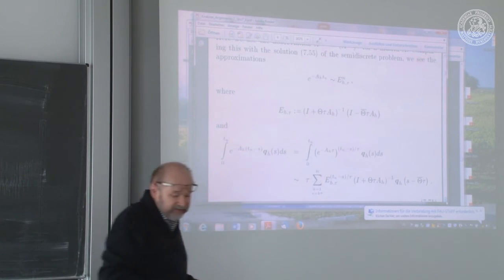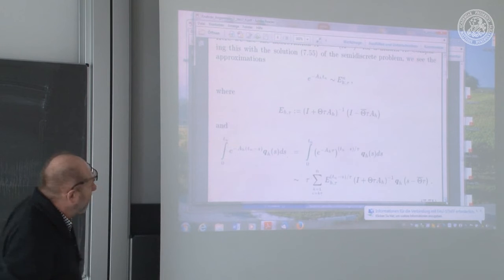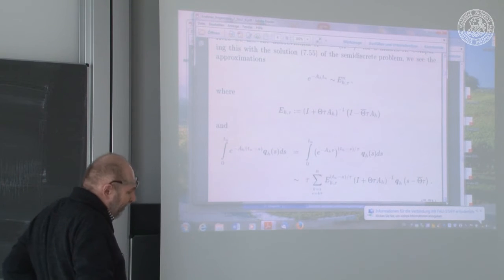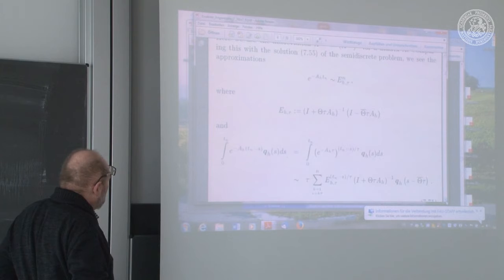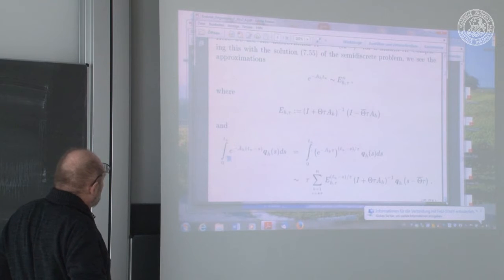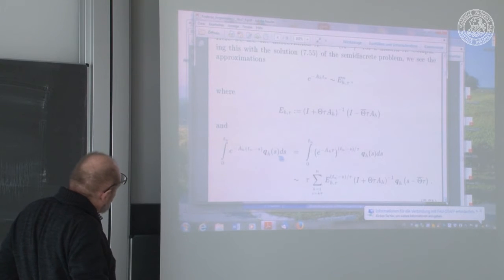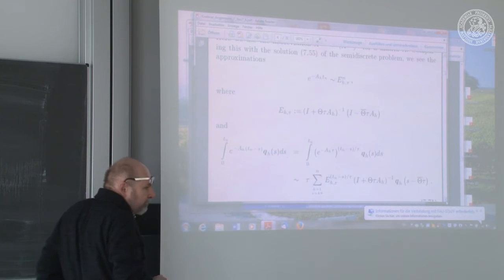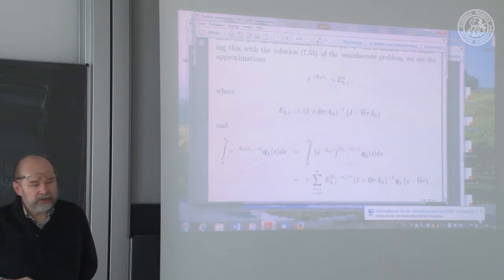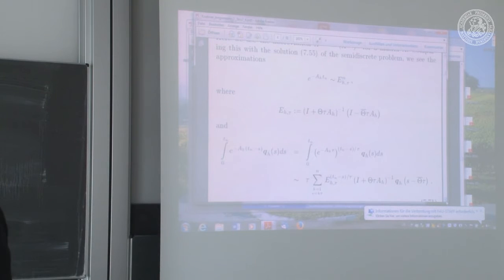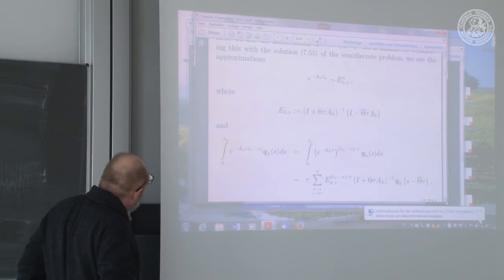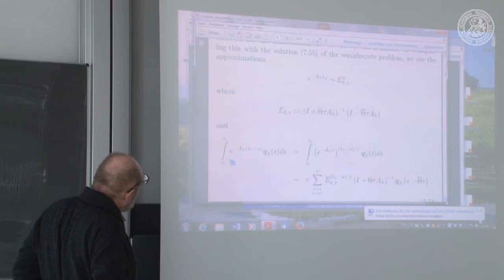In addition, if we add a right-hand side, Q_h, then on the continuous level we would have this term in the solution representation. That is what is called the variation of constants formula, or sometimes Duhamel's principle. I haven't mentioned this, but you see how we come to this solution.